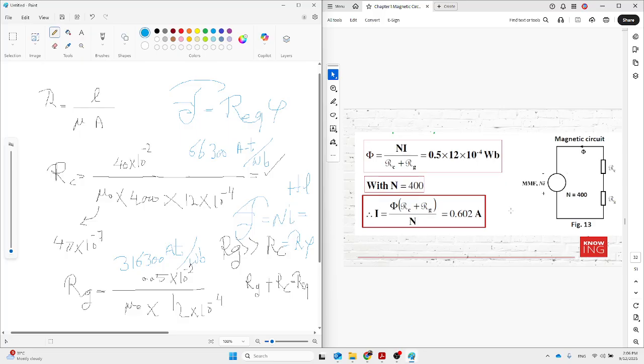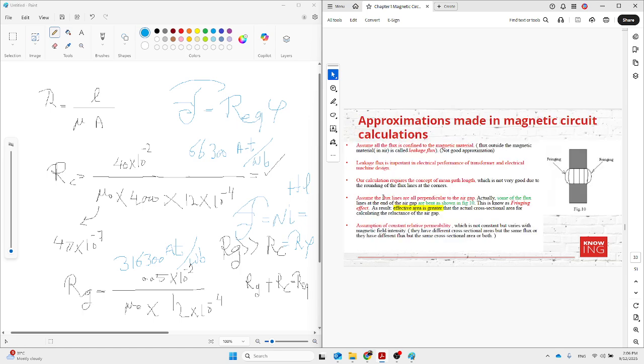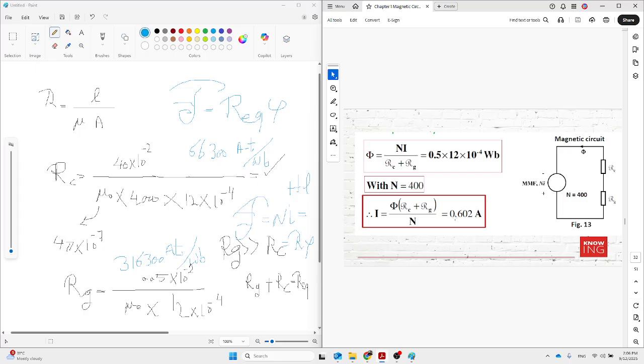Then we know the number of turns, which is given here. Number of turns is 400. So easily you can calculate the current. What current value can produce this flux? The current can be calculated as 0.602. This value can generate such a flux.